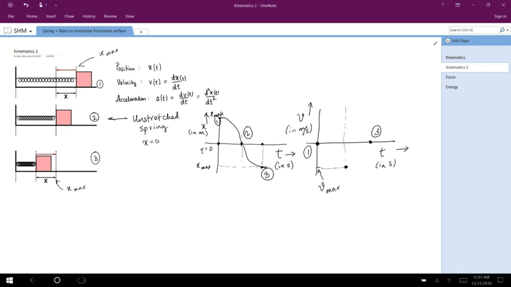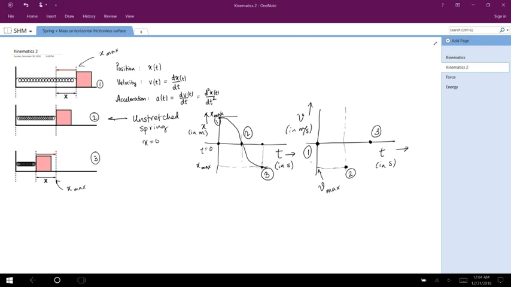Now, similar to the position versus time graph, so this is point number 2, if you think about it, at the very beginning, the position versus time graph was shallow, so its tangent was nearly a line that is parallel to the x-axis. Now remember, the tangent to the position versus time graph is really velocity. So that tells us that the velocity is 0, just as we expected. At point number 1, the velocity is 0.